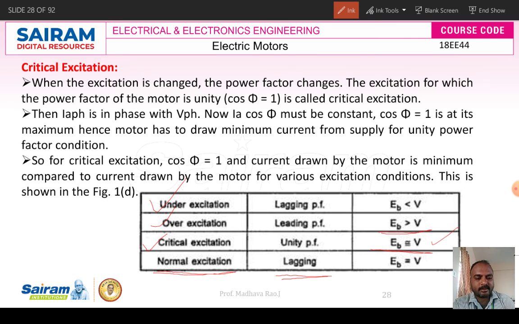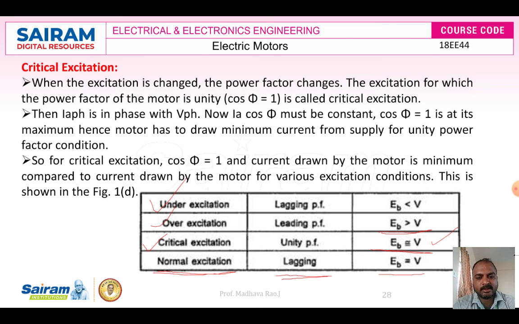So, power factor is in lagging nature, both induced EMF and supply voltage will be equal. Okay. So, these are the various excitations: under excitation, over excitation, critical excitation and normal excitation.